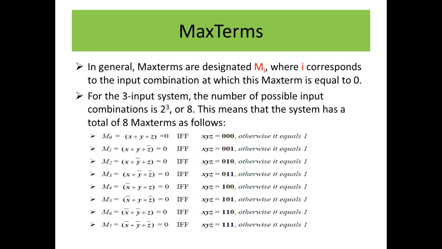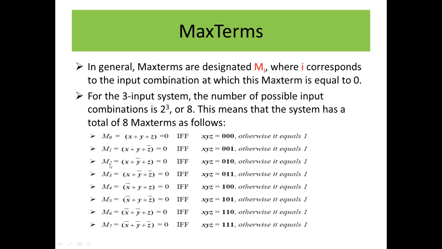How do we represent these Maxterms? For a 3 input system, the number of possible input combinations is 2 raised to 3, that is 8. This means the system has a total of 8 Maxterms. M0 is x plus y plus z. M1, how do you represent it? It is 0 0 1, so 0 gives x, again 0 gives y, and 1 means z bar: x plus y plus z bar.